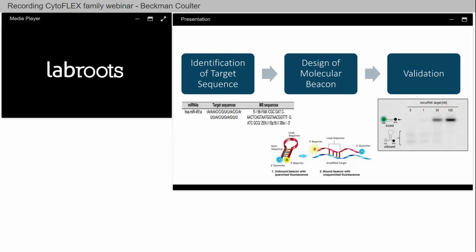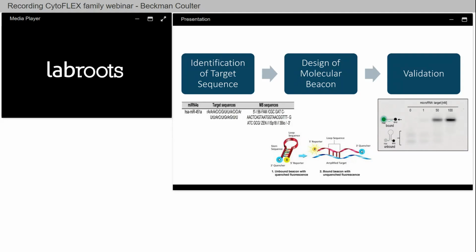This is a hairpin loop molecular beacon from the lab of Sanjay Tyagi at Rutgers. You can get similar ones from companies like IDT. You build your identification of a target. They actually have a sequence-building program within their website so that you can type it in.